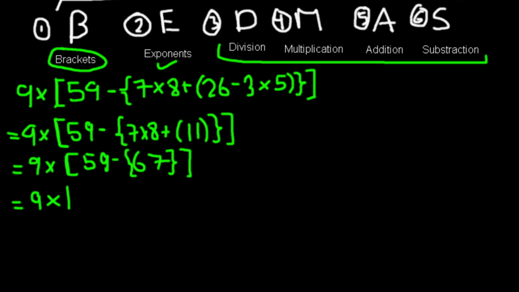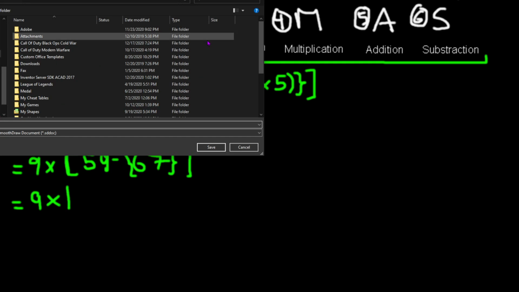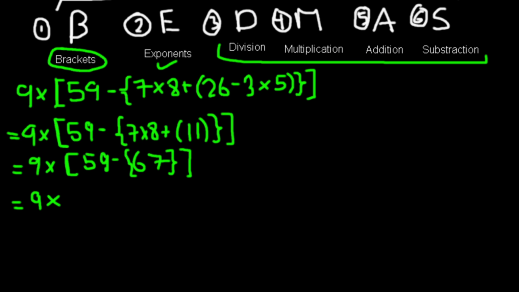From here we can use the simpler brackets. We can just do 59 minus 67, which is negative 8. And 9 times negative 8, sorry, is negative 72.